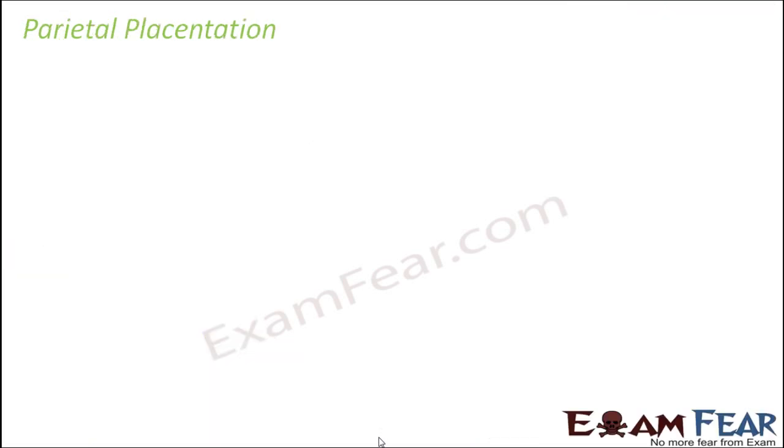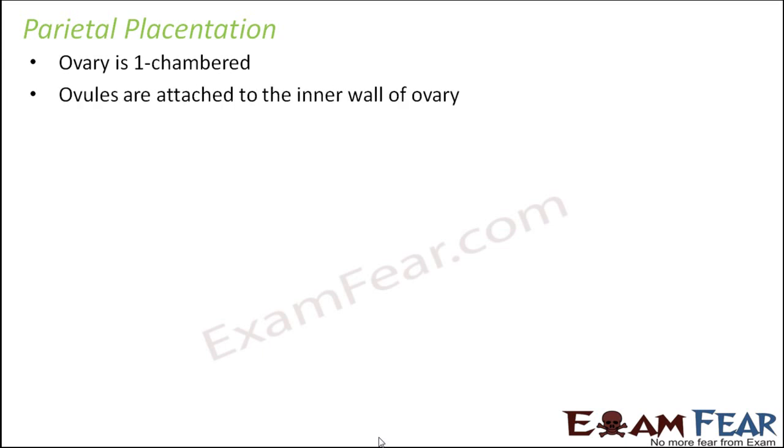The third type is the parietal placentation. So here again the ovary is one chamber, so it is not divided into separate locules. The ovules are attached to the inner wall of the ovary. So that means it would be somewhat like this. If this is the ovary, let us suppose this is the inner wall of the ovary.